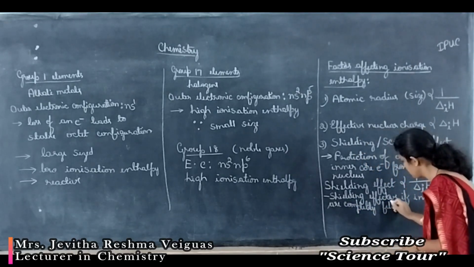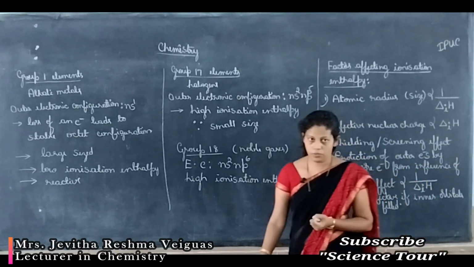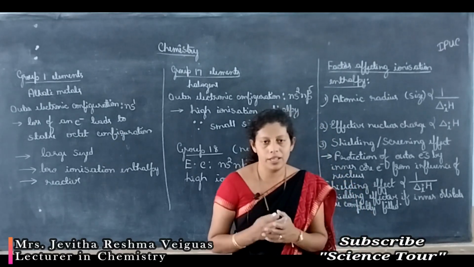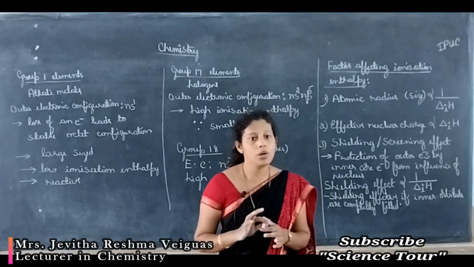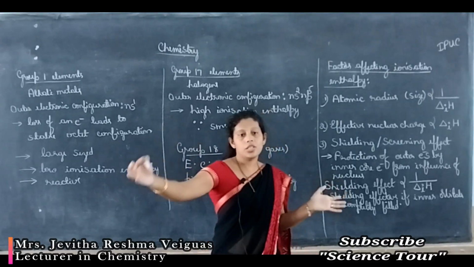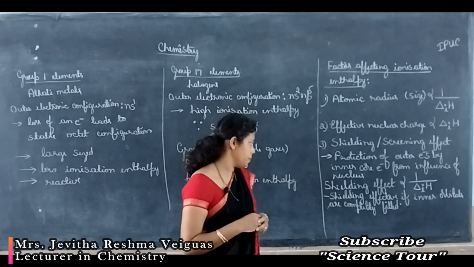So, if inner orbitals are completely filled by electrons, then shielding is more effective. If inner orbitals are partially filled, then shielding is not effective. More effective shielding, larger will be the radius, less will be the ionization enthalpy.